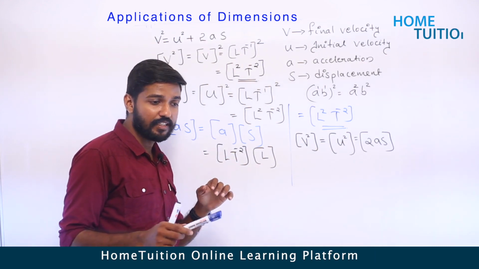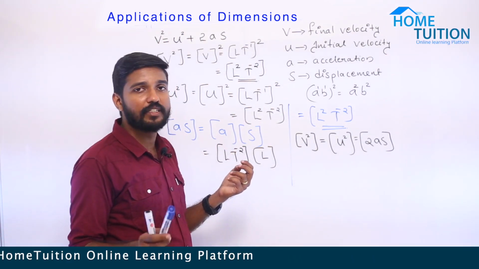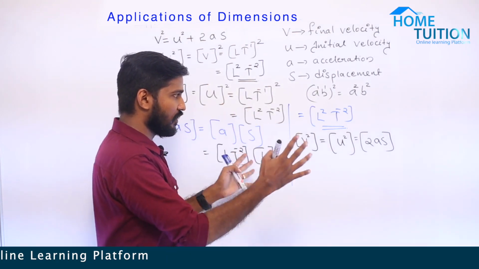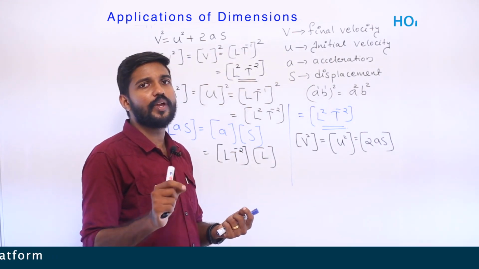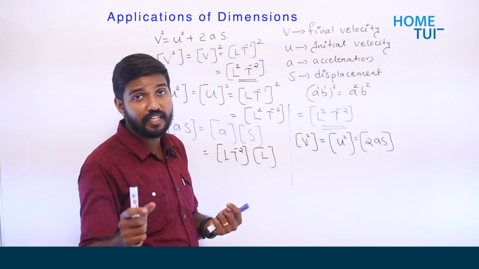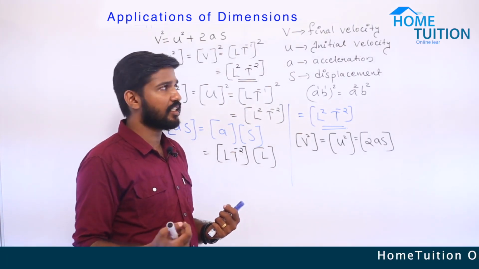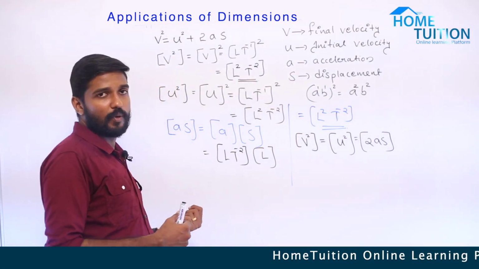When you do the problem, finally you have to write this: the dimensions of all the terms are equal, so the equation is dimensionally correct. This is how we solve this type of problem.